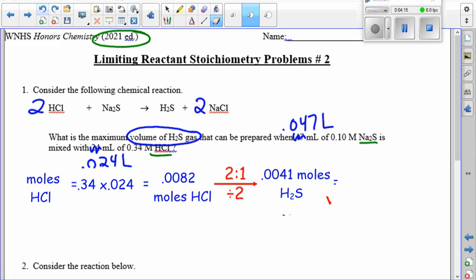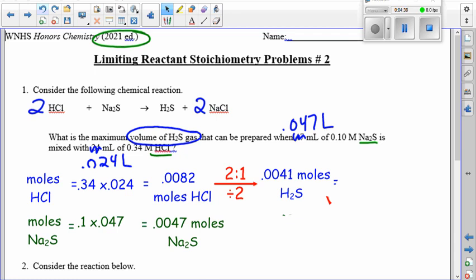That's what that is really telling me. Let me go ahead and do a line of calculations for sodium sulfide. So my moles of sodium sulfide. This is also a solution. So I'll find this by multiplying the molarity times the volume, just like I did with the first one. I have 0.0047 moles of sodium sulfide.